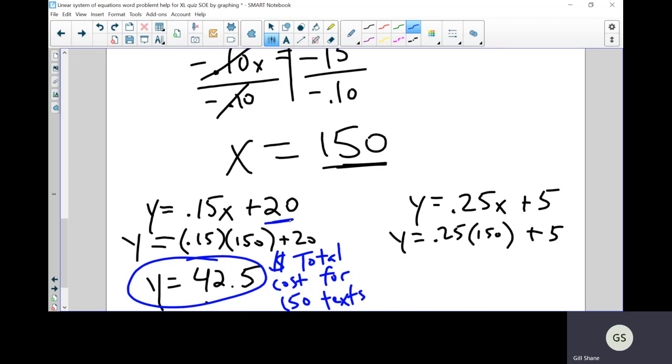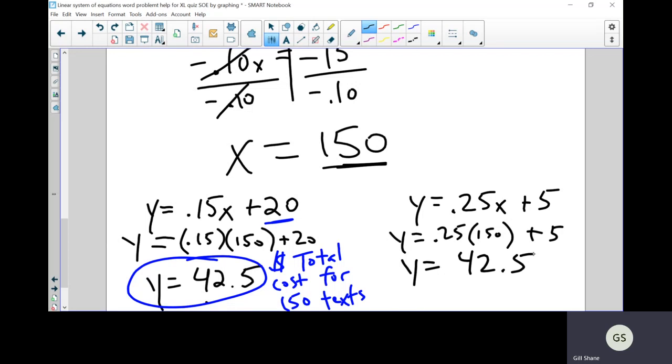So let's see what Selena spends over here. Let me do the math on that one. 0.25 times 150 plus 5. Yes, and it does come out to be the same exact number.